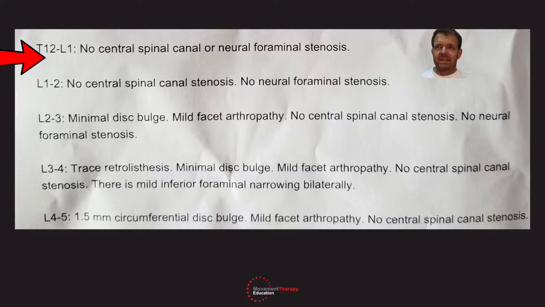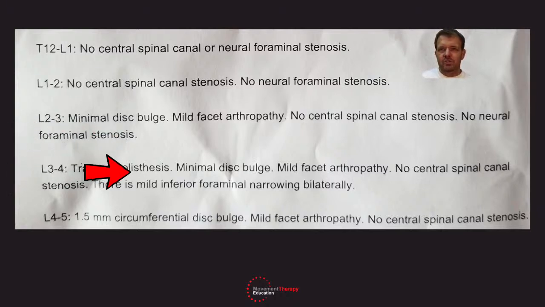So if we have a look here, we've got T12-L1, no central spinal canal or neural foraminal stenosis. L1-L2, no central spinal canal stenosis and no neural foraminal stenosis. L2-L3, minimal disc bulge, mild facet arthropathy, no central spinal canal stenosis, and no neural foraminal stenosis.